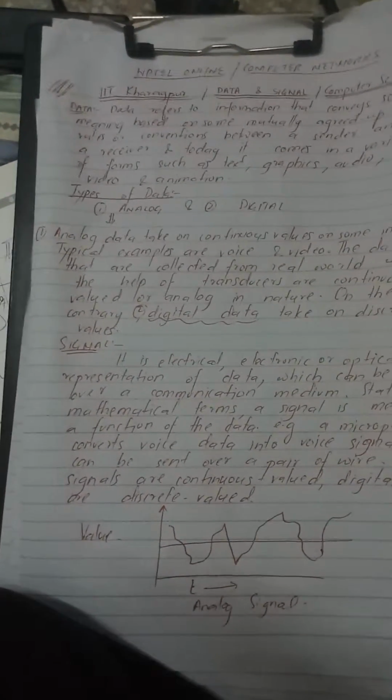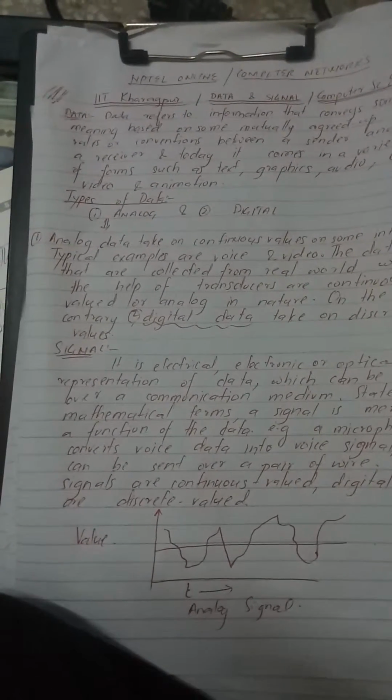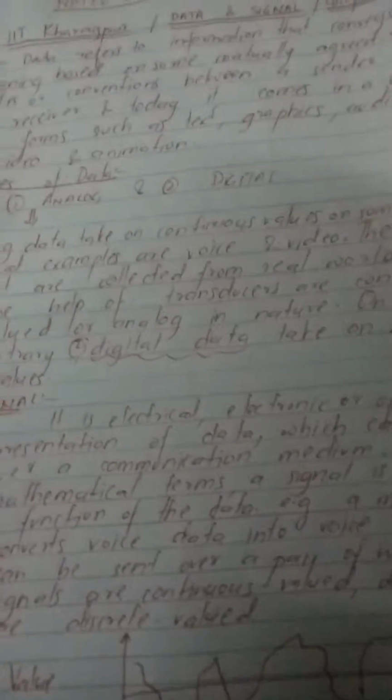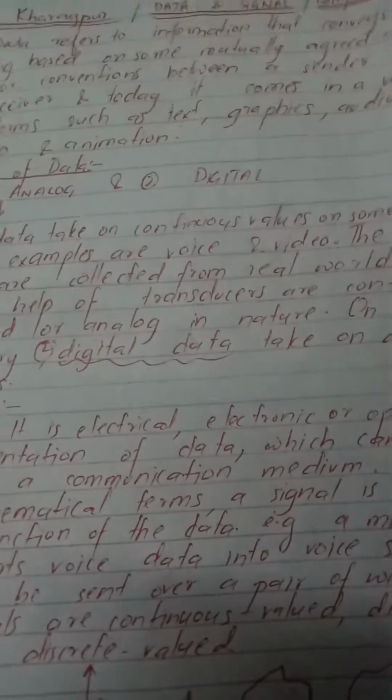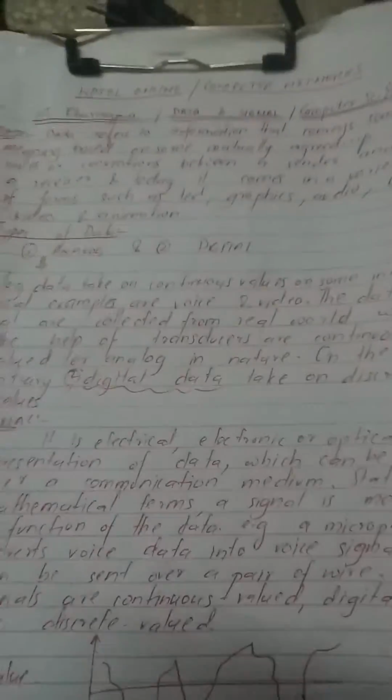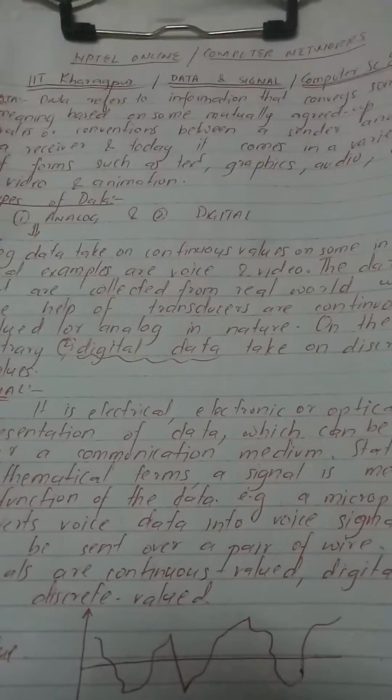Data refers to information that conveys some meaning based on some mutually agreed upon values or conventions between a sender and a receiver, and today it comes in a variety of forms such as text, graphs, audio, video, and animation.